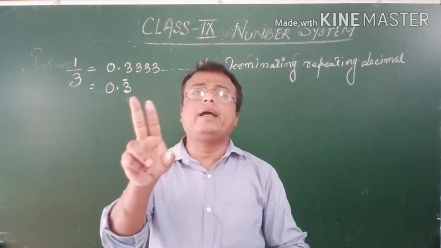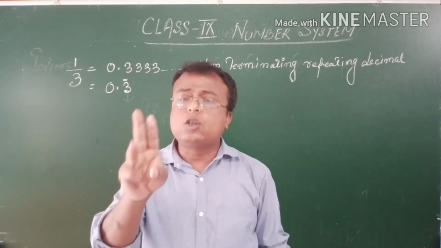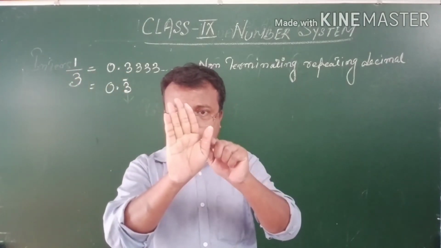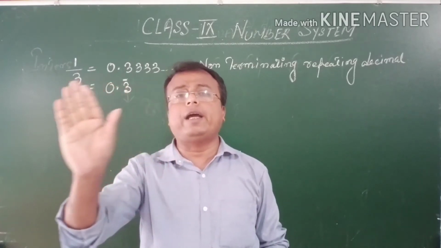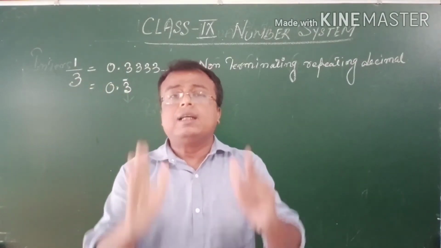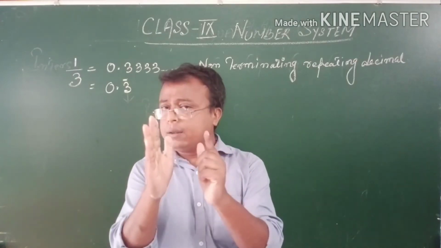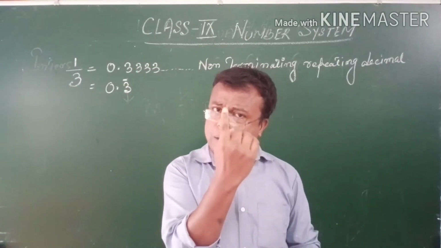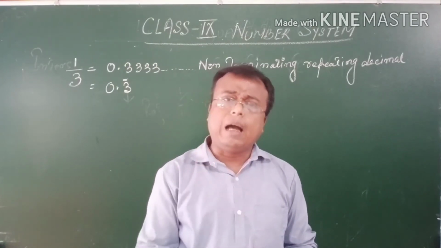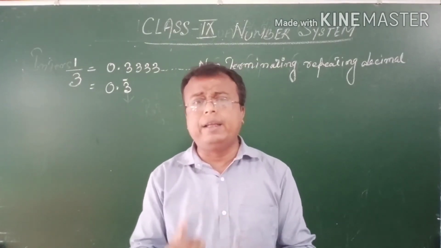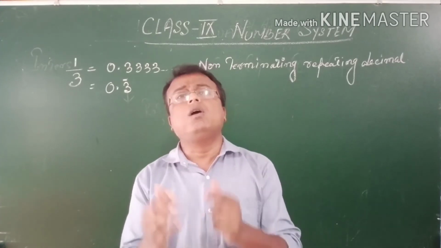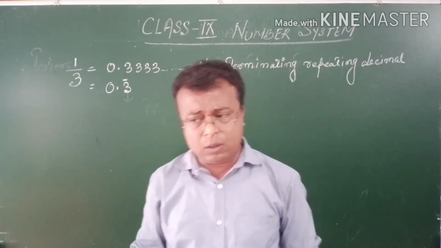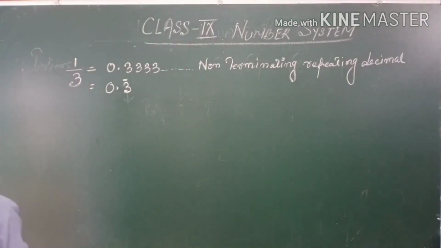Sometimes 2 digits will repeat, sometimes 3 digits, sometimes a block of 5 digits, sometimes a block of 7 digits will repeat again and again. Now the question is, how will you find out what block of digits will repeat again and again? That is what we are going to discuss now.